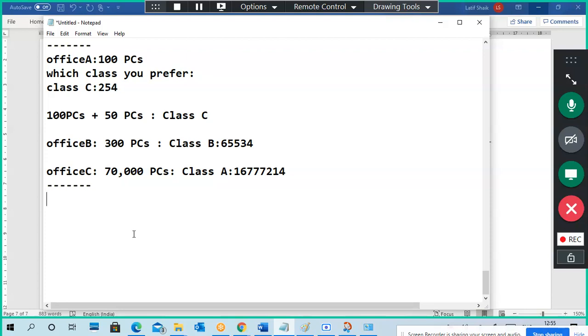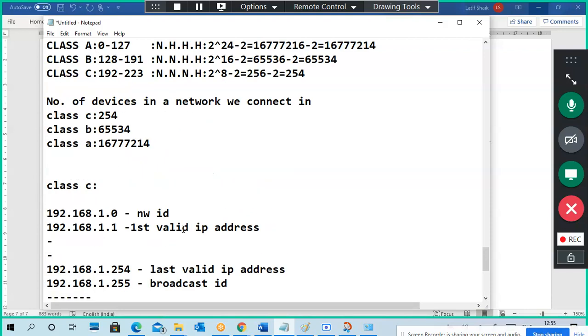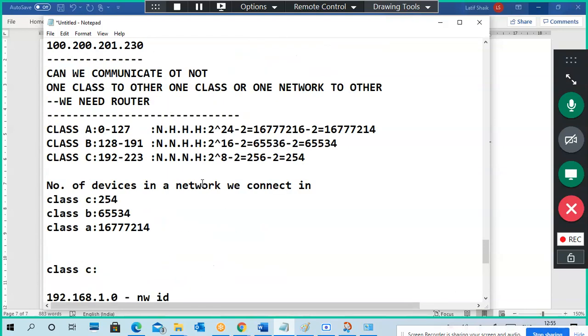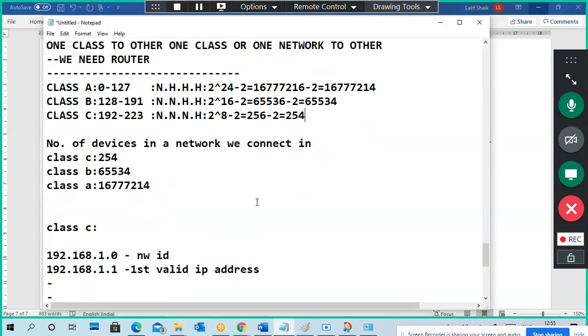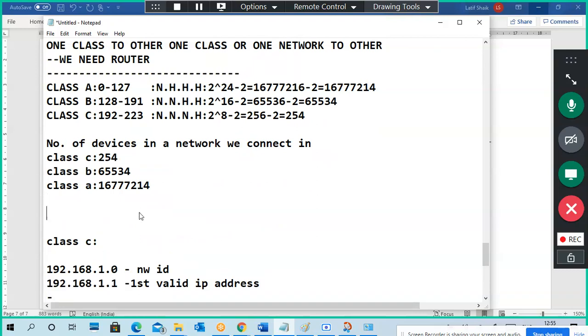So this is your number of hosts per network. There is also a name for this: number of hosts per network or subnet.